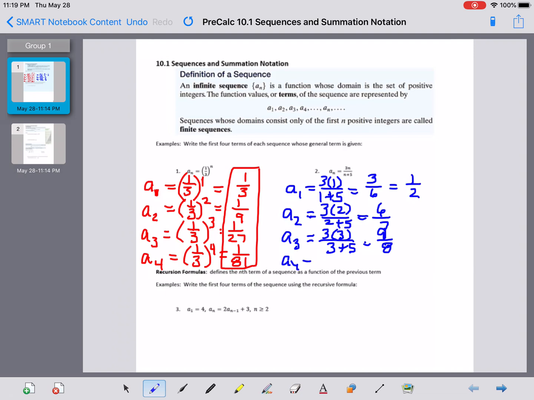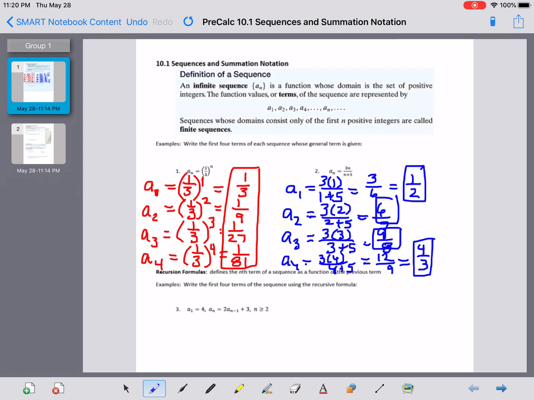And a sub 4 is going to be 3 times 4 over 4 plus 5, and I get 12/9, and this one does reduce by 3, so I get 4/3. And again, my actual answers are my four terms here, 1/2, 6/7, 9/8 and 4/3. Okay, so those are my answers there.